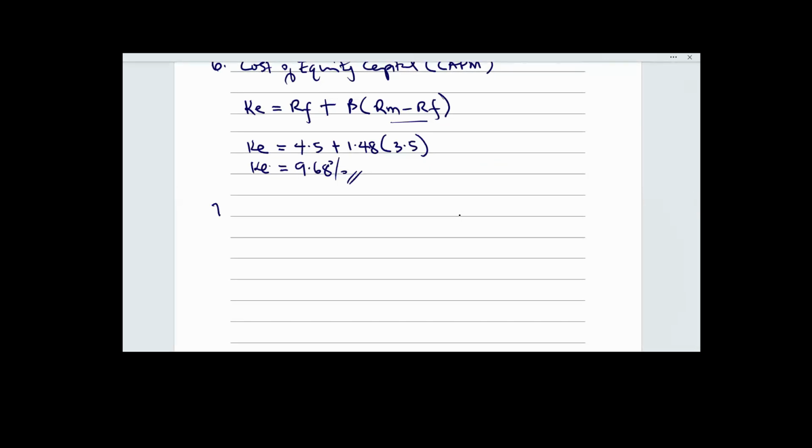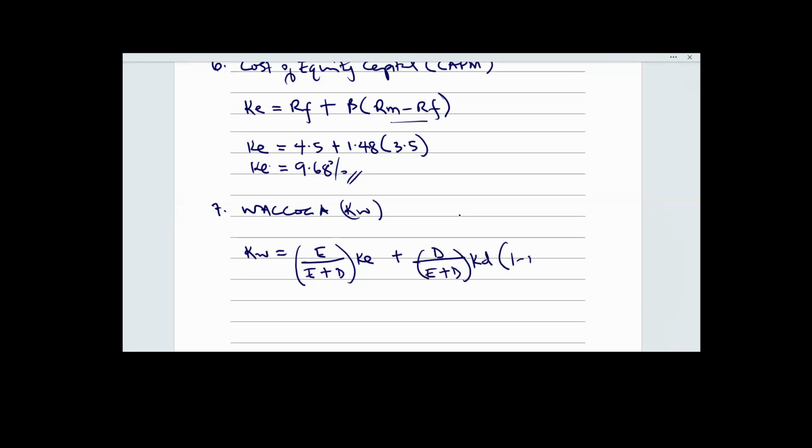Then I'll move to step 7. Step 7 says you should calculate WACC, denoted as KW. Therefore, WACC will be calculated as equity value over total value, multiplied by cost of equity, plus debt value over total value, multiplied by cost of debt, 1 minus tax.